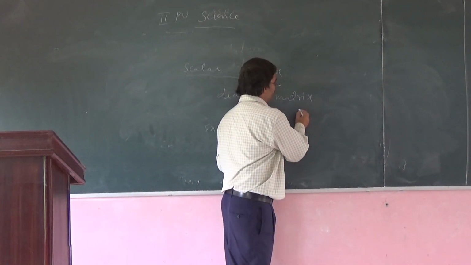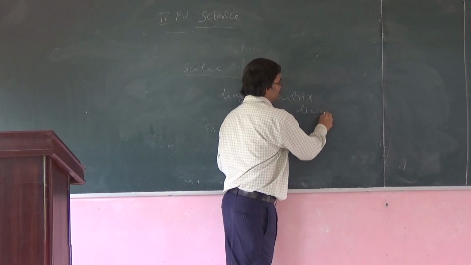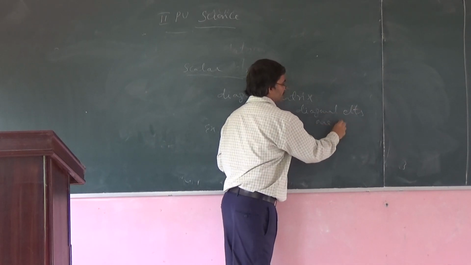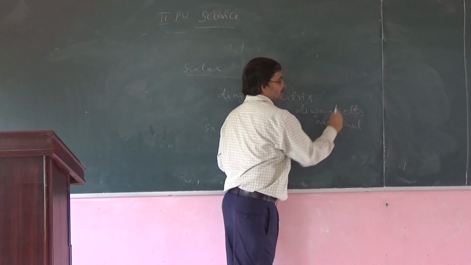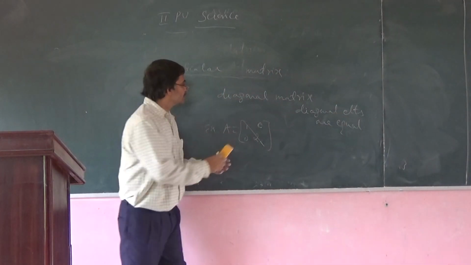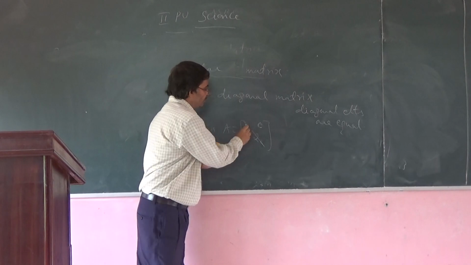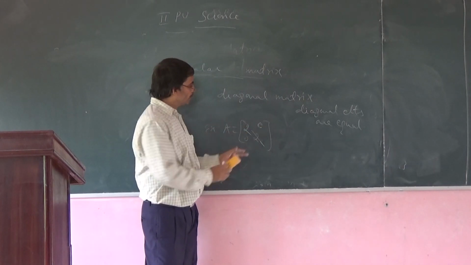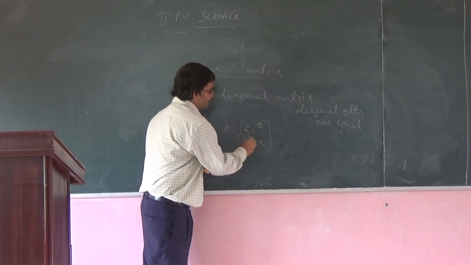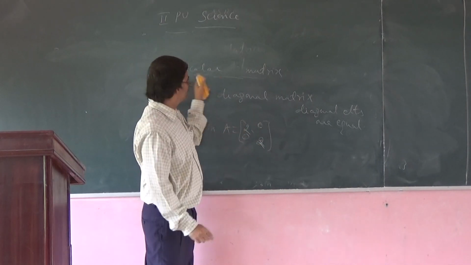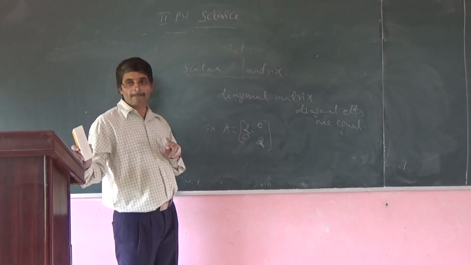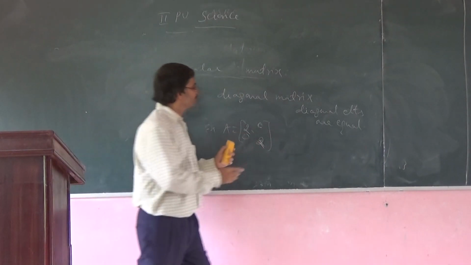So if I take this example, A equal to 2, 0, 0, 2, then it will become a scalar matrix because the diagonal elements are the same.